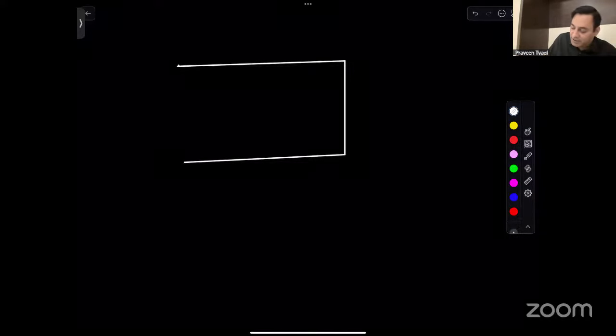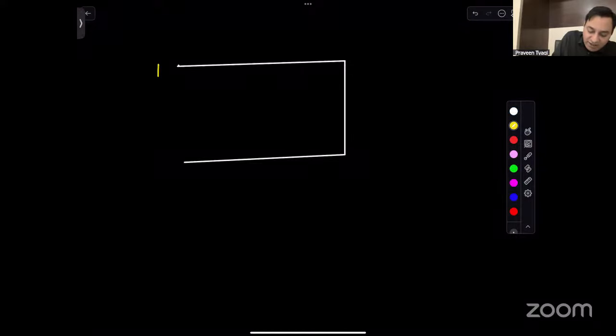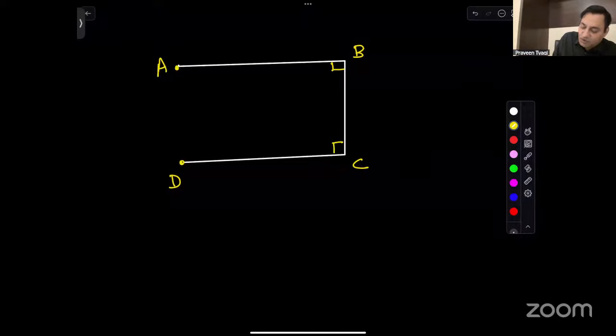I want to check your conceptual clarity. A body started from A, went to B, went to C, went to D. These are 90 degrees, mutually perpendicular. This was 20 meters, this was 10 meters, this was 20 meters.